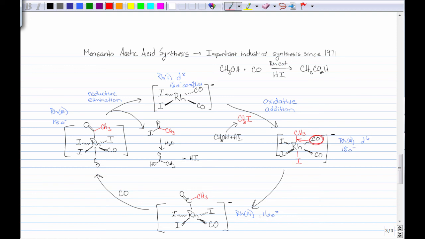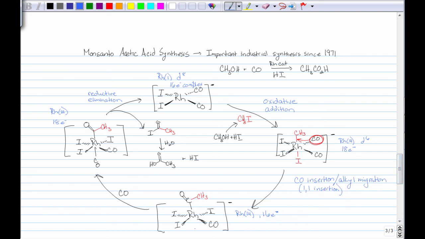In this product down here, I haven't colored the iodine red because the red iodine could be any one of these three. But when this carbonyl slips in between the rhodium-carbon bond here, this step is a carbonyl insertion, or it can also be called an alkyl migration. Another name is a 1,1 insertion.